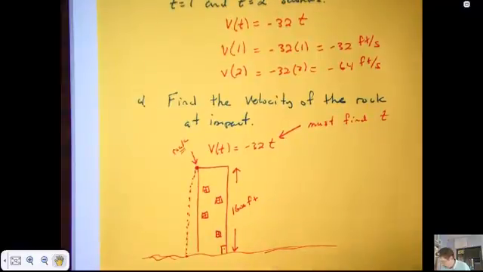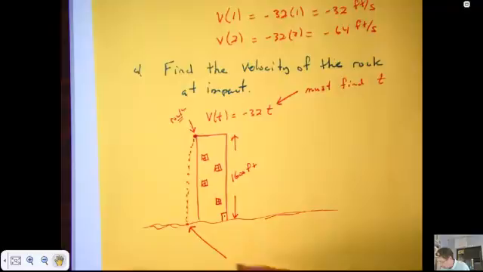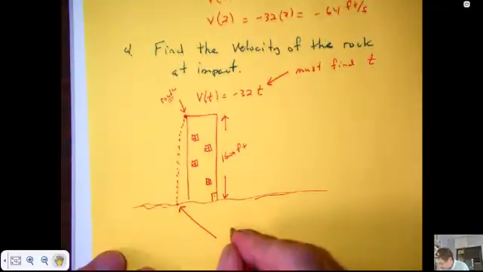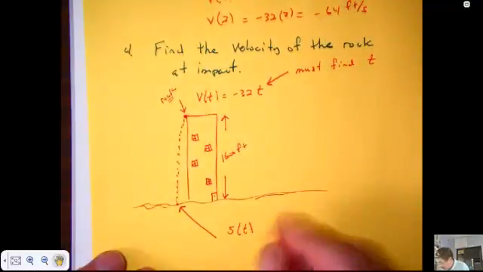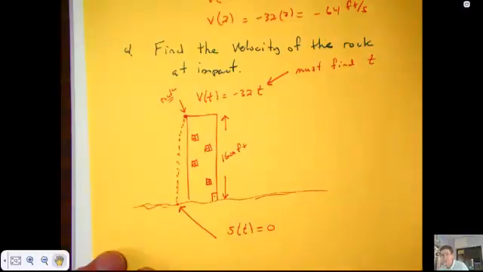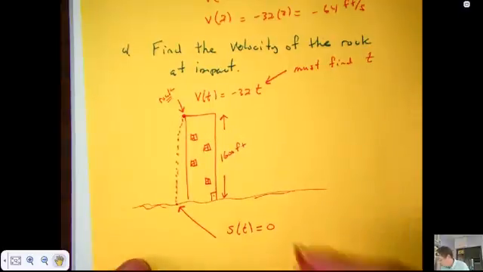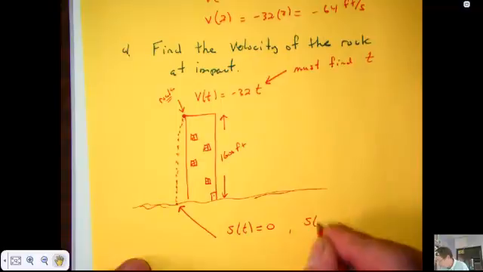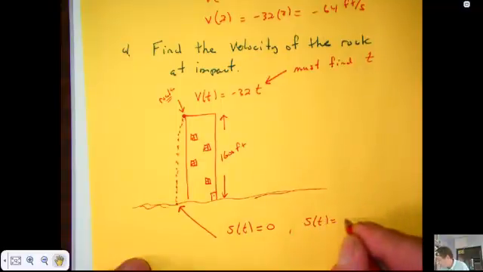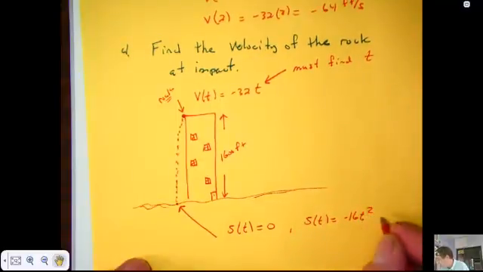Here's the hitting the ground right there. What is this position? Yeah, S of t has to be 0. It's on the ground. Now, we determined way back on this problem that S of t was in fact negative 16t squared plus 1,600.